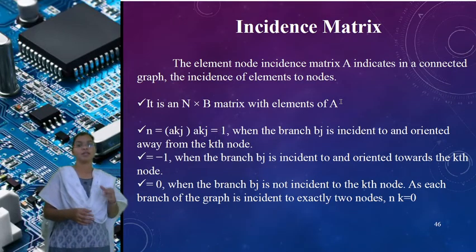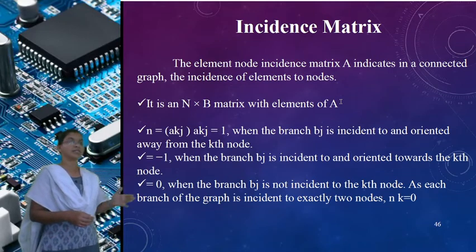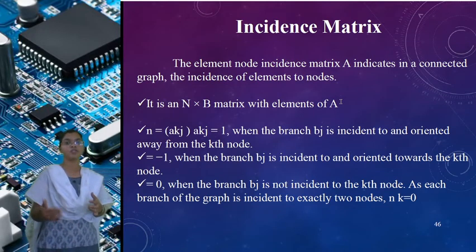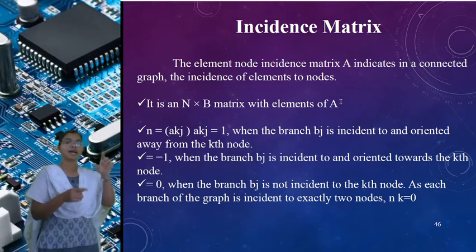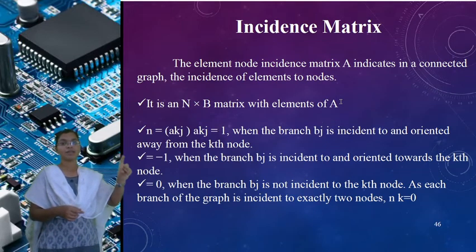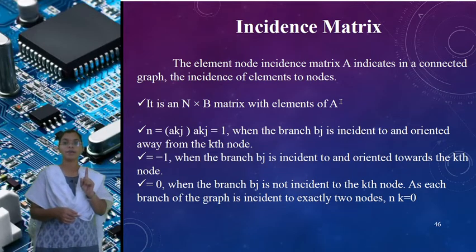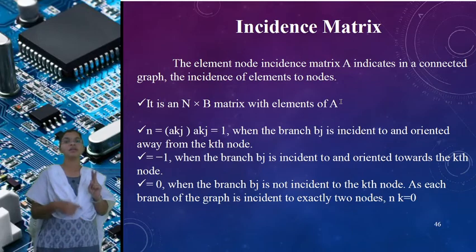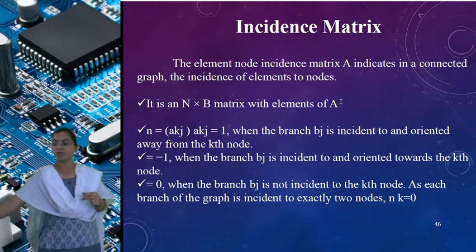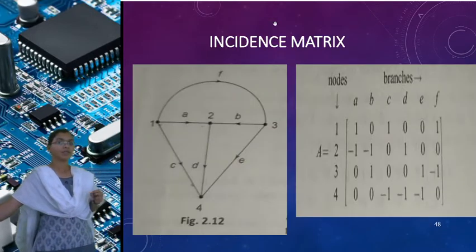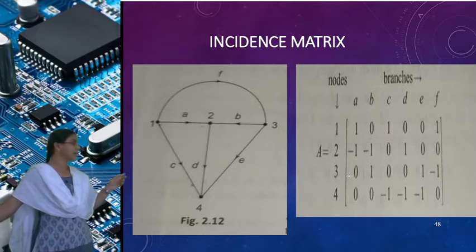And the fourth property: whenever you see the incidence matrix, I will show you in the next slide, each column has only one plus 1 and one minus 1. Remaining all values are 0. Here you can see these are the columns of that particular matrix.